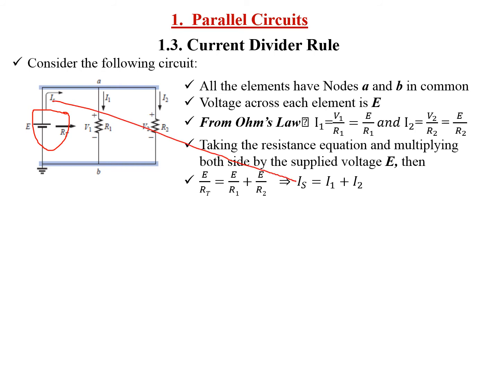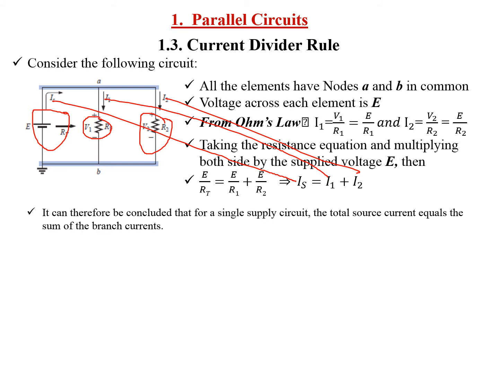Then E over R1, which is V1 over R1, is the current I1. Then E over R2, which is V2 over R2, is the current I2. So you can see that at a node, the current entering is equal to the current leaving. So IS is I1 plus I2.